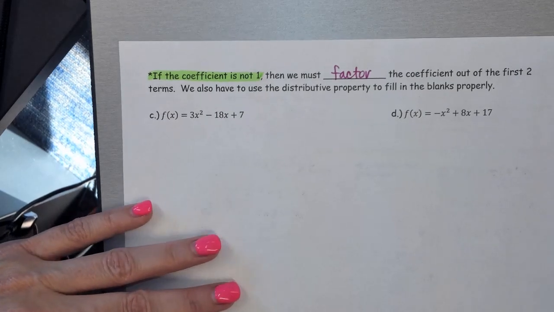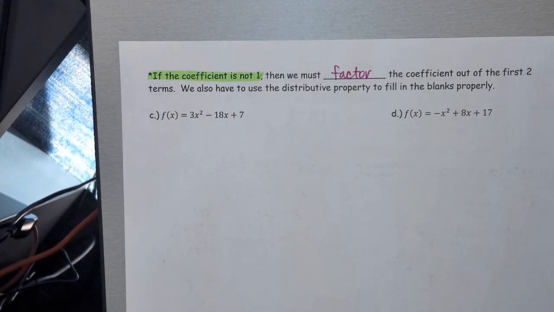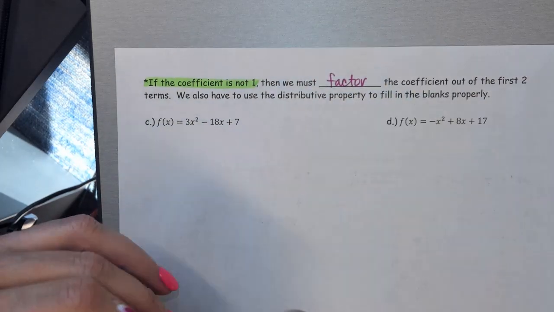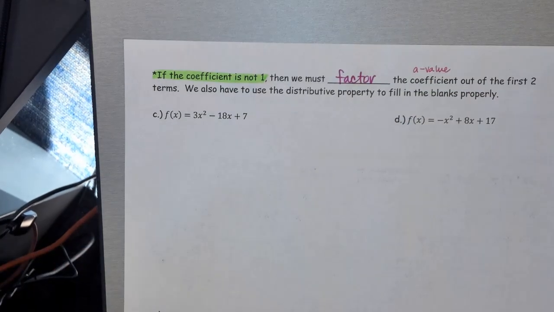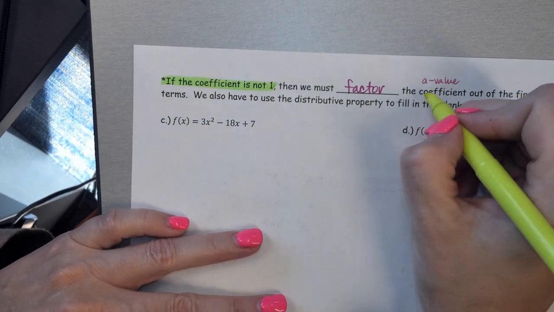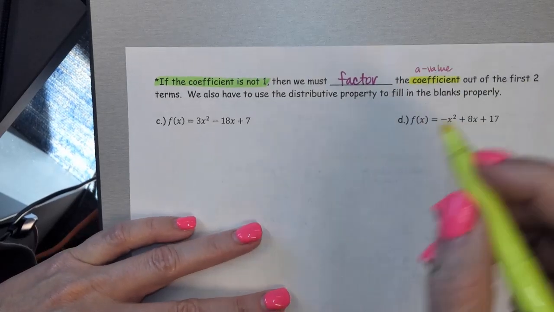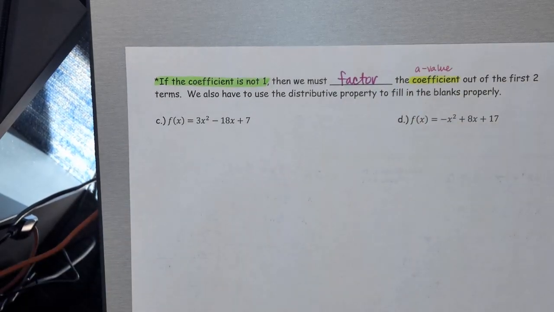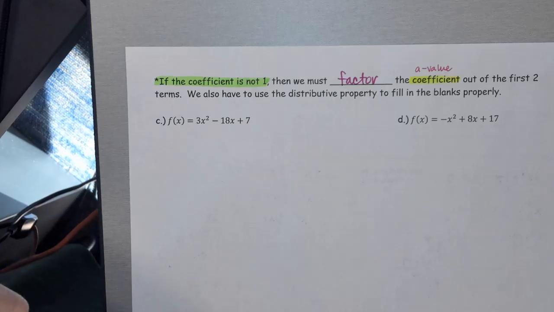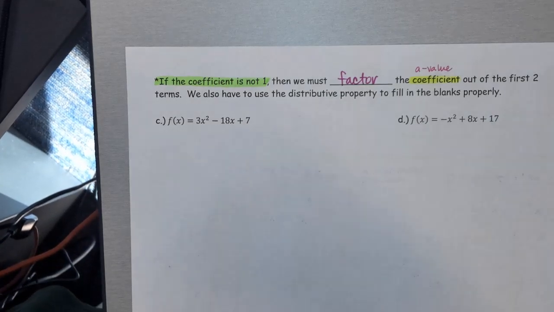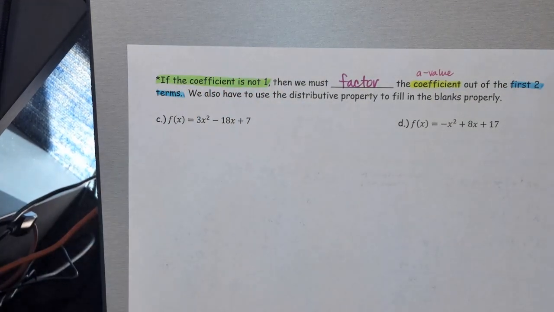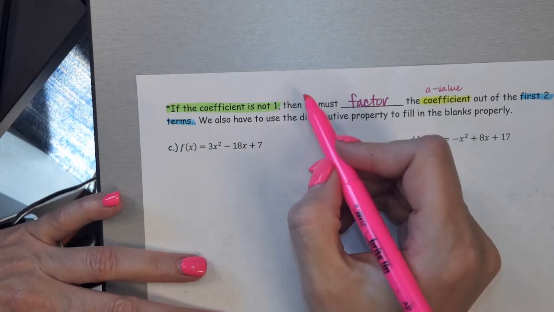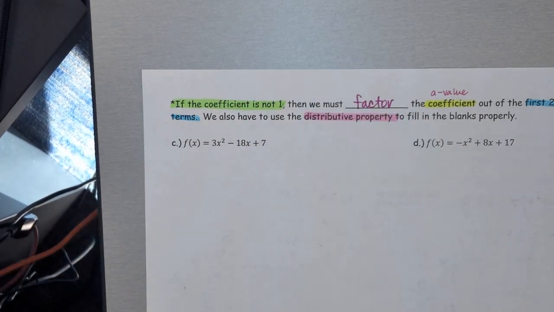And when it says we're going to factor the coefficient, they mean your a value, your leading coefficient. Okay, so you're going to factor out your a value, and you're going to factor that out of the first 2 terms. Now, we are also going to be using the distributive property to fill in the blanks, and I'm going to help you with that.